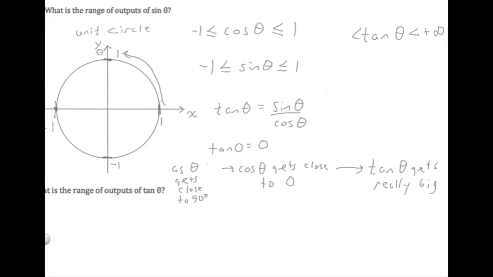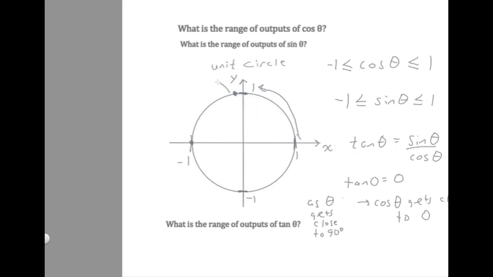All right, and what about, say, if we considered this point here? Well, at this point, we would have the sine of theta, that would be just a little bit less than 1, and we would have a cosine of theta that is negative and close to 0.